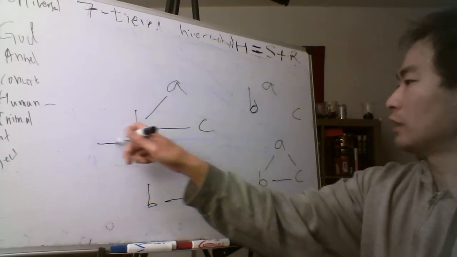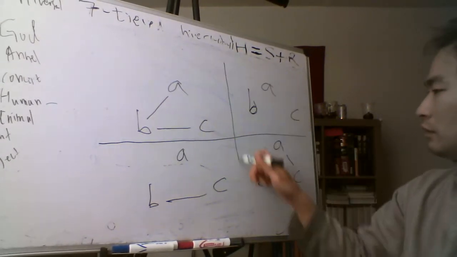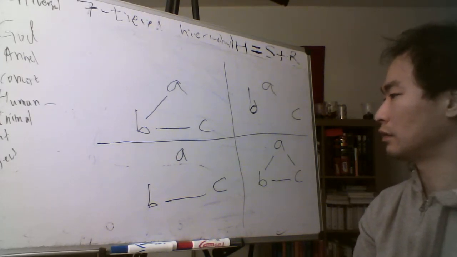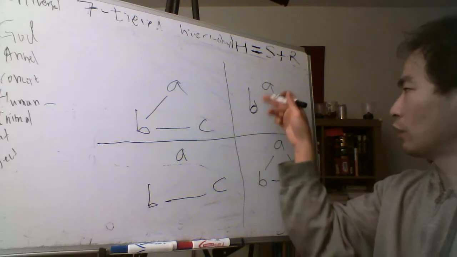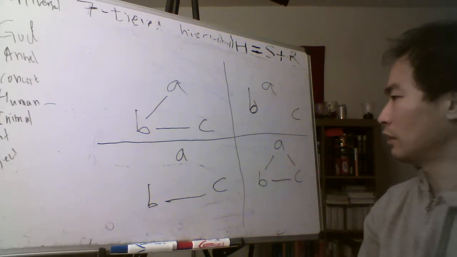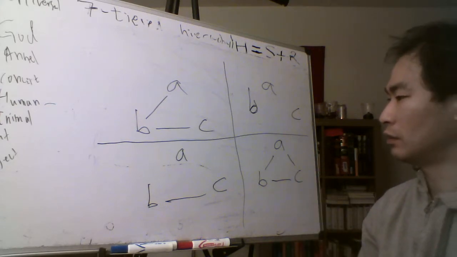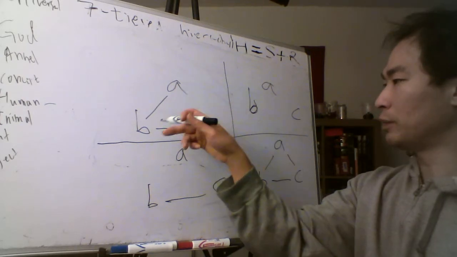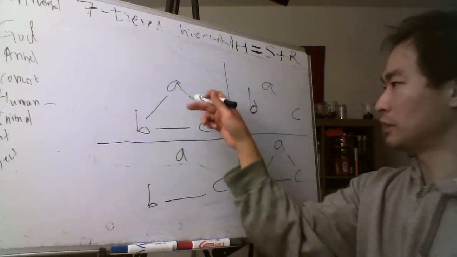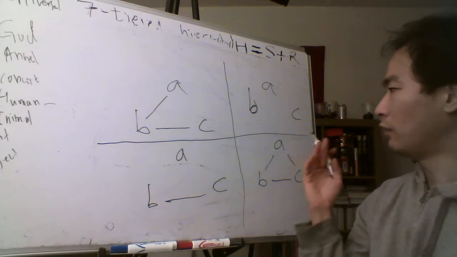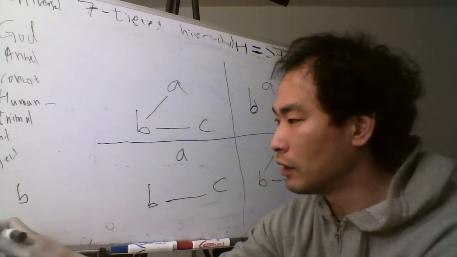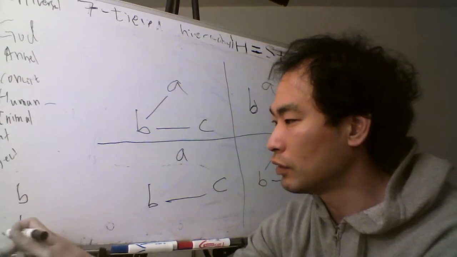So we are doing combinatorial counting. There are four cases: no line, nobody knows each other; everybody knows each other; only two people know each other; and two people know each other, but there's a missing link. Four cases. When there were only two people, there were only two cases.